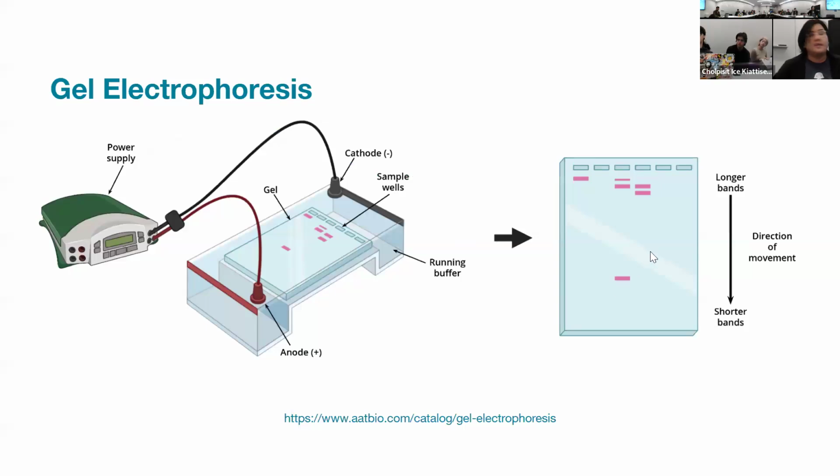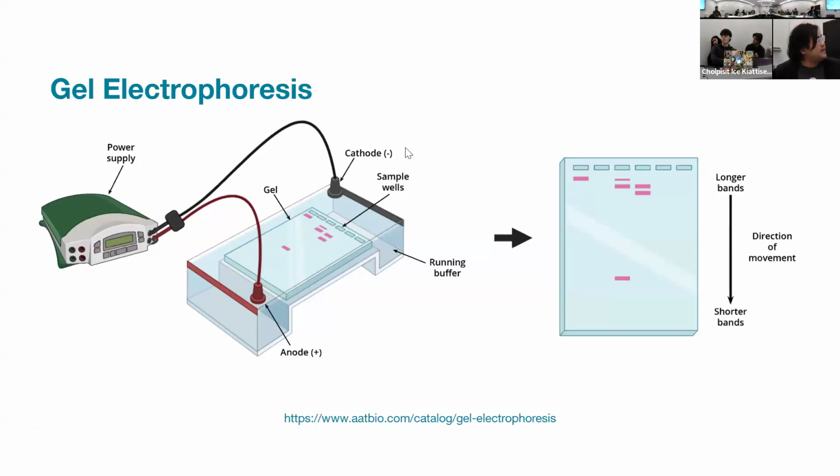So what we can do is, if we have the DNA, if we cut them or we isolate them into different parts, we can separate them by size. So this is the simple picture from a team. If you do electrophoresis, you can push the DNA to move across this gel casting, this gel running system.